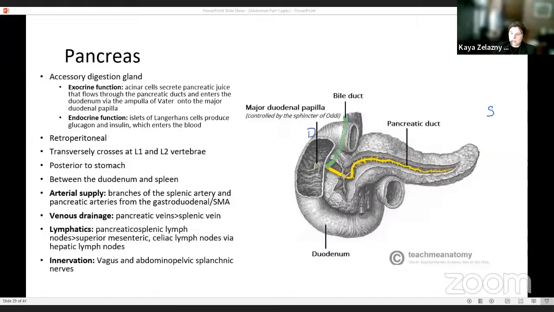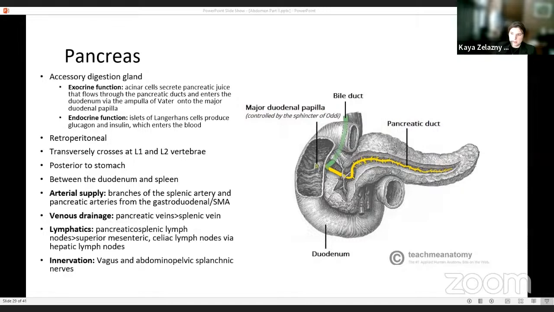For our veins, our venous drainage is going to go into pancreatic veins that drain into the splenic vein. Lymphatics, we have pancreaticosplenic lymph nodes, which go to the superior mesenteric or celiac lymph nodes via some hepatic lymph nodes. So there's kind of complicated lymphatics going on here.